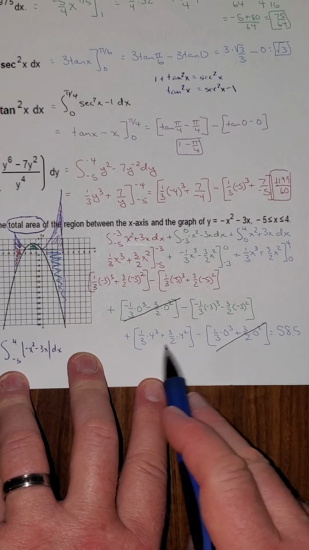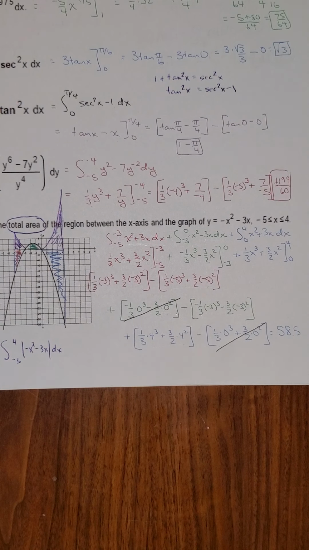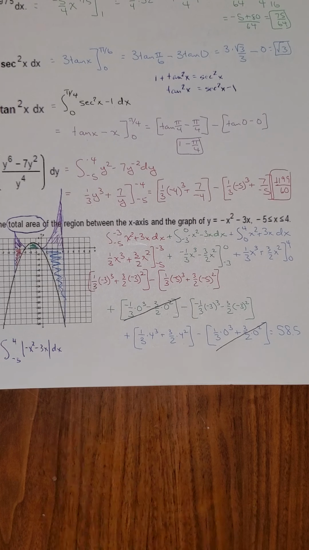For the blue, you got to plug in 4 first, minus plug in 0. And the reason I cross those out is because the zeros will cancel everything out anyway. Punch it in your calculator. You'll get 58.5. When it says total area, areas have to be positive. Think absolute values.